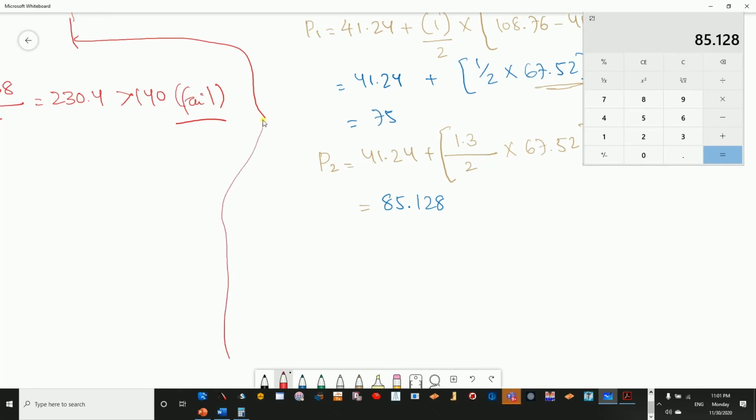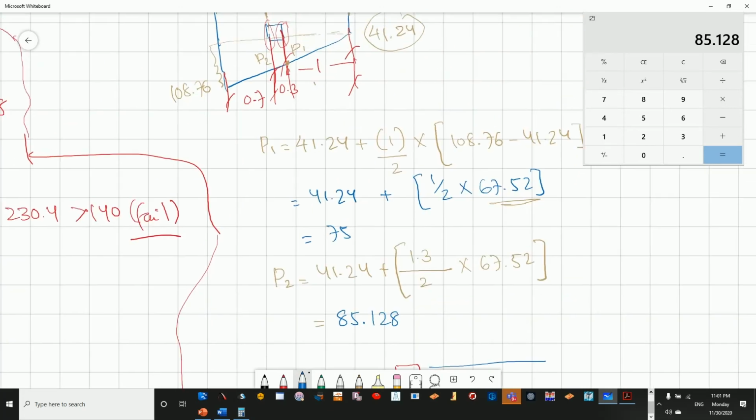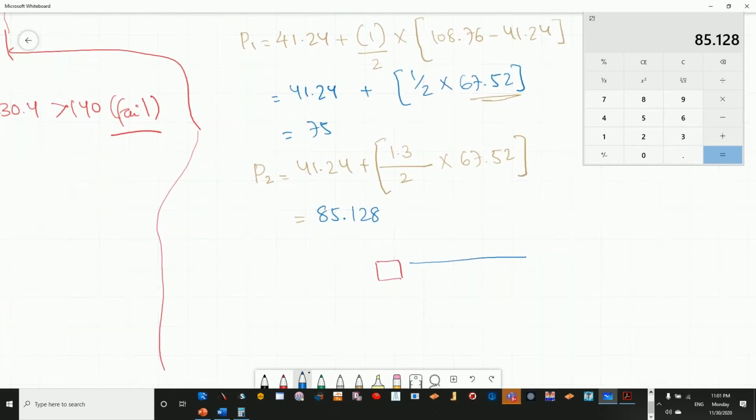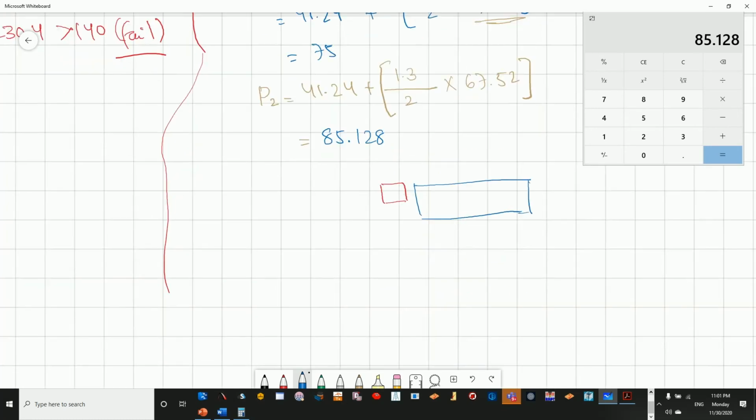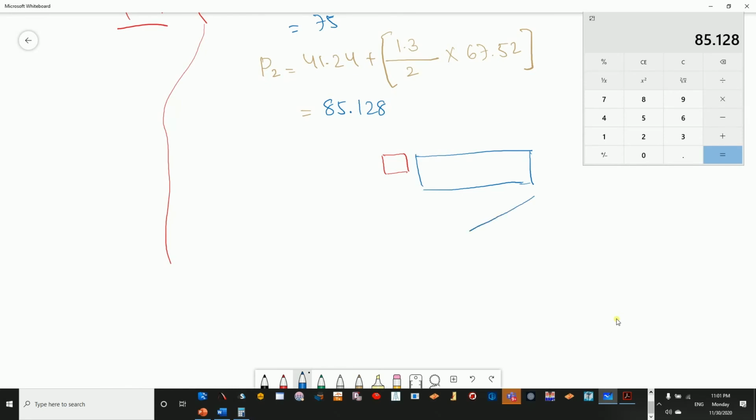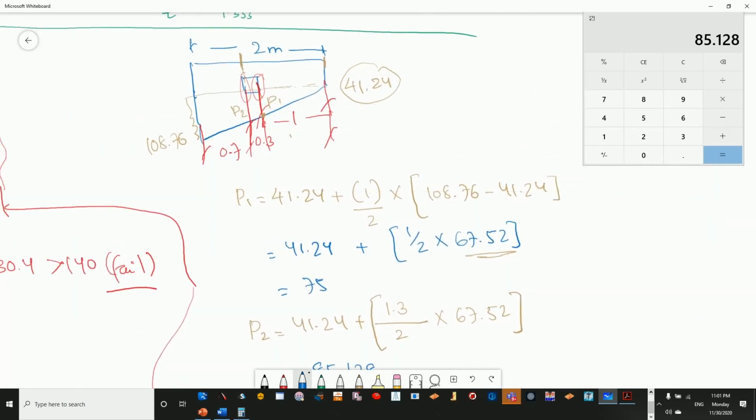Now how do we conclude whatever we have done? We have two shapes, so let us draw the column first. This is my column. If we return back, we will see a rectangular shape here, and after the rectangle we have the shape of a triangle. This is the first part.